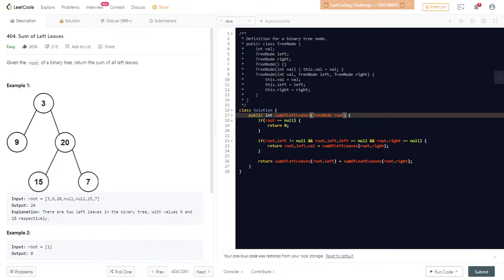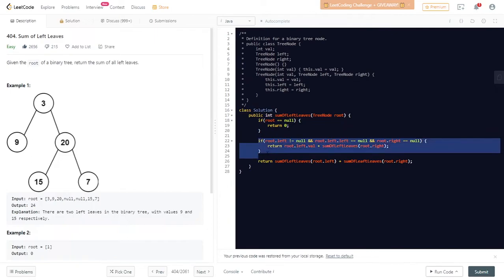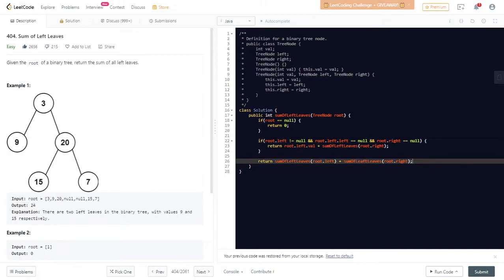We have some value on the left side of the root, 15. Does 15 have any value on its left side? No. So 20 dot left is null, but 20 dot right is not equal to null. So it's not getting inside this if condition. It's going over here and again recursively calling the function.